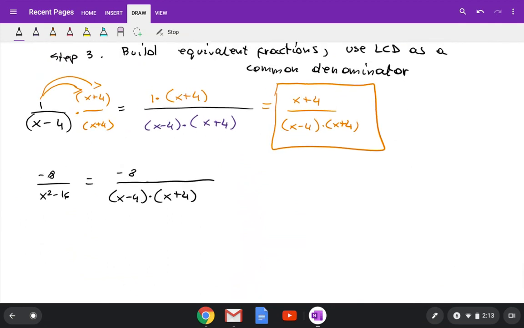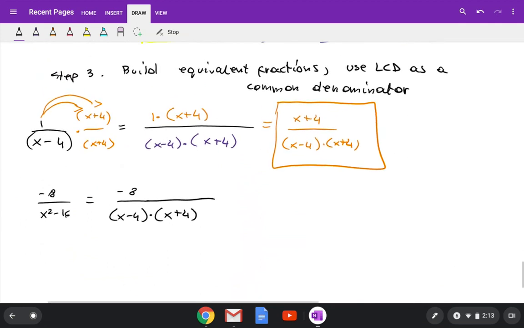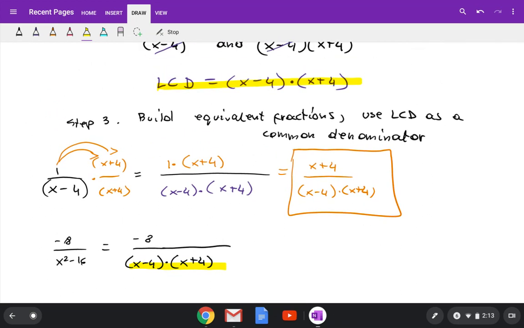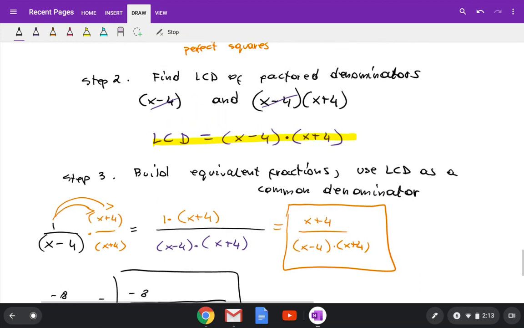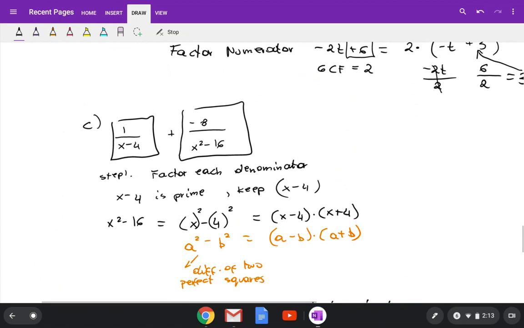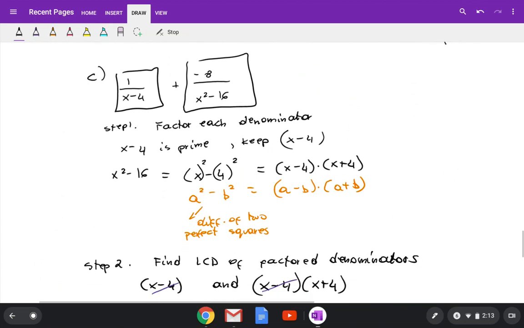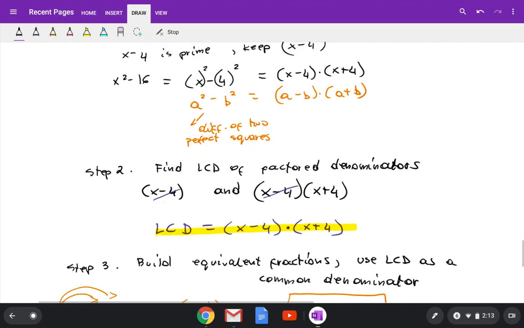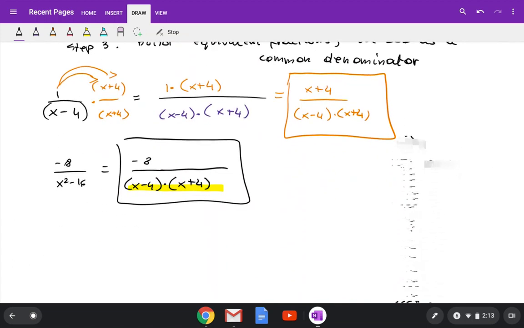So here, since this denominator is the same as LCD, there's nothing we're going to do. So we don't need to build an equivalent fraction because we have that common denominator. So now I'm just going back to our original problem, and I see that I have to add those two fractions together. So I take my first equivalent fraction. Okay, so that's the first fraction. And of course, this is the second fraction.